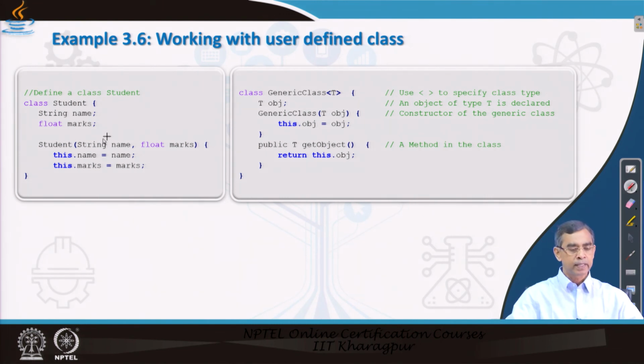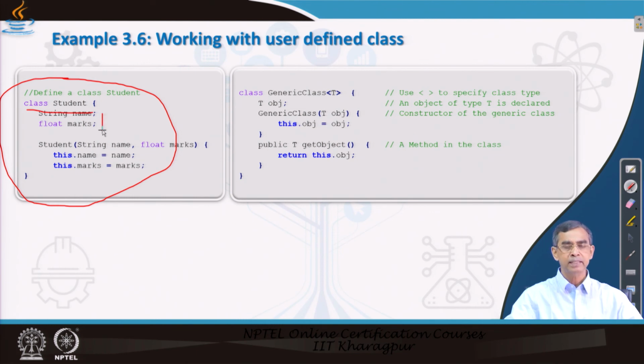In this example you can see, first we have to declare our own type of data. As we have discussed here, student is one type of data. It has only a name and marks as a floating point, and this is a constructor by which an object of type student can be initialized.